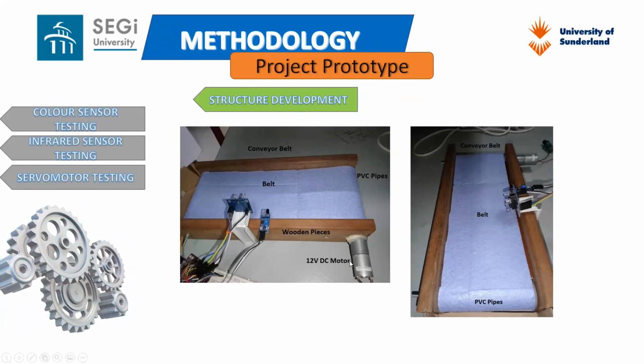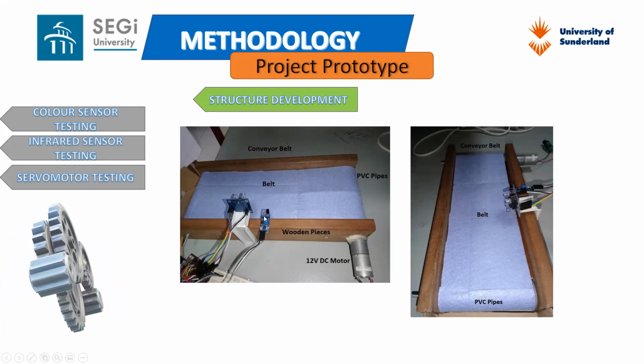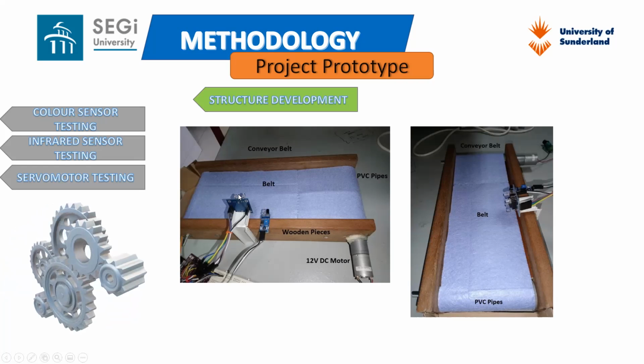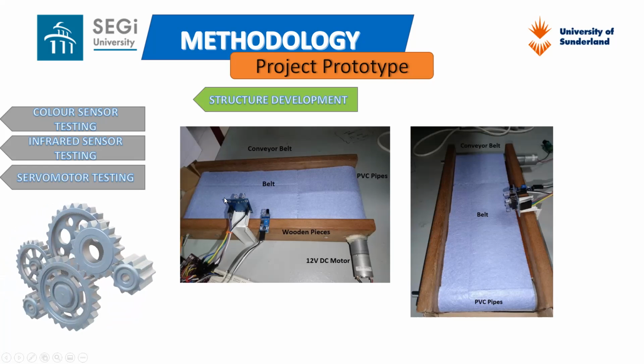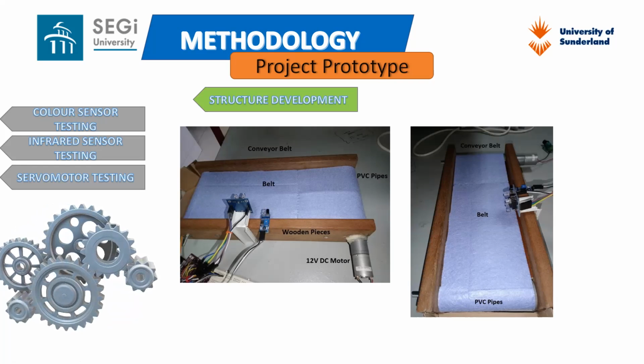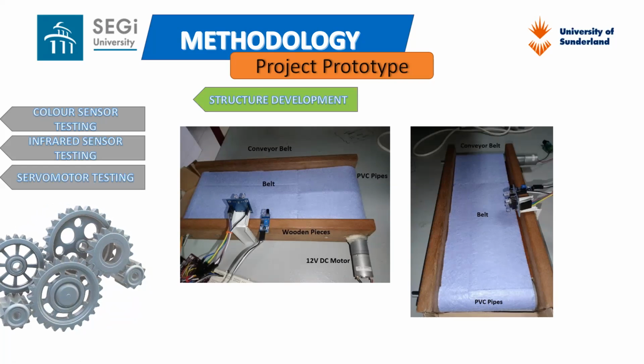We have a 12-volt DC motor, and this is a detection sensor to detect the presence of the blocks. And this is the color sensor that we have here. Over here we have our flipper that turns from 0 to 90 or from 0 to 180 degrees. Sorry.